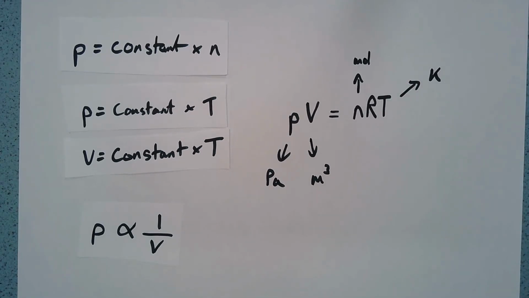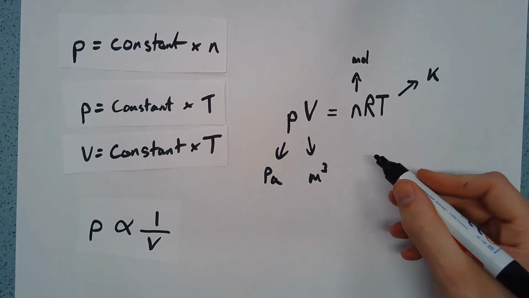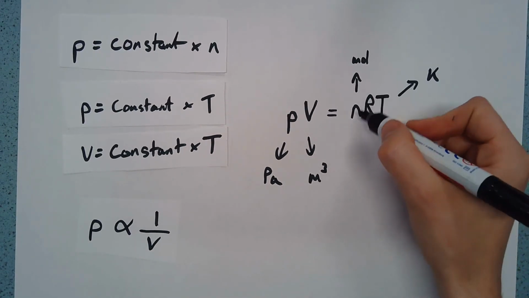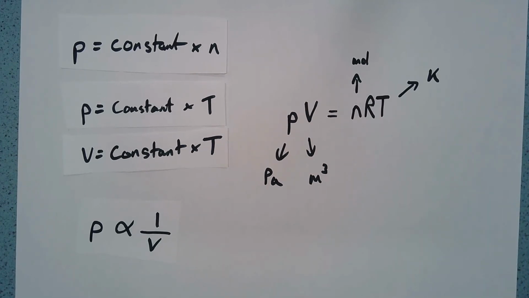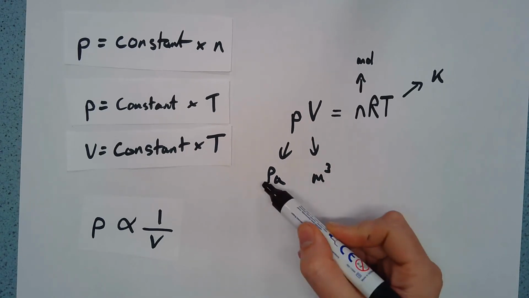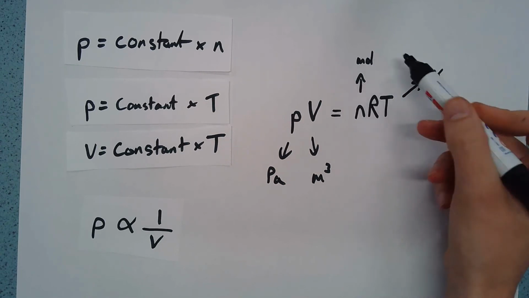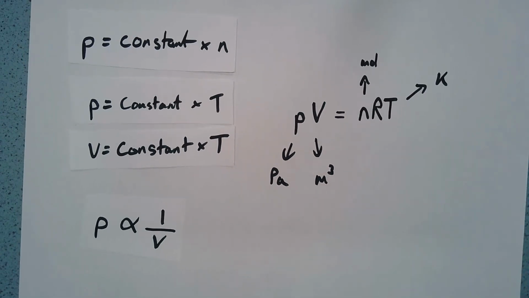And the reason for that is that we end up with a value for R which is in joules per Kelvin per mole. And it works out because a pascal is a joule per metre cubed. We multiply that by metres cubed, we end up with joules, and then we end up with moles and Kelvin, obviously, on this side of the equation.